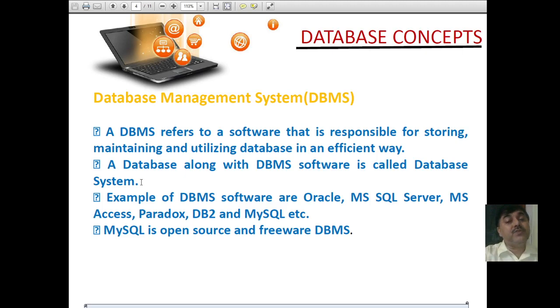Examples of such software are Oracle, MS SQL Server, and MS Access, which we are going to do. In Access I will show you the SQL operation. Then there are Paradox, Database 2, and MySQL. MySQL is free software, and how we can use it with Access, I will show you in the implementations.